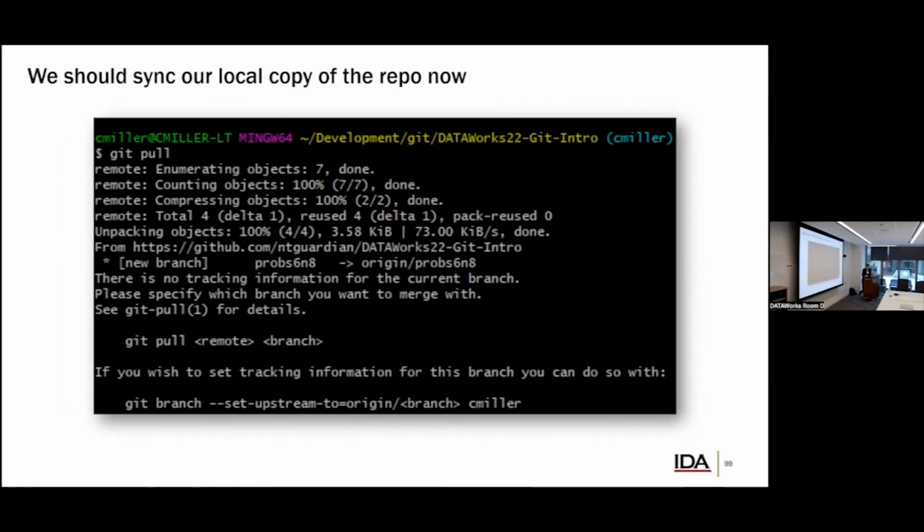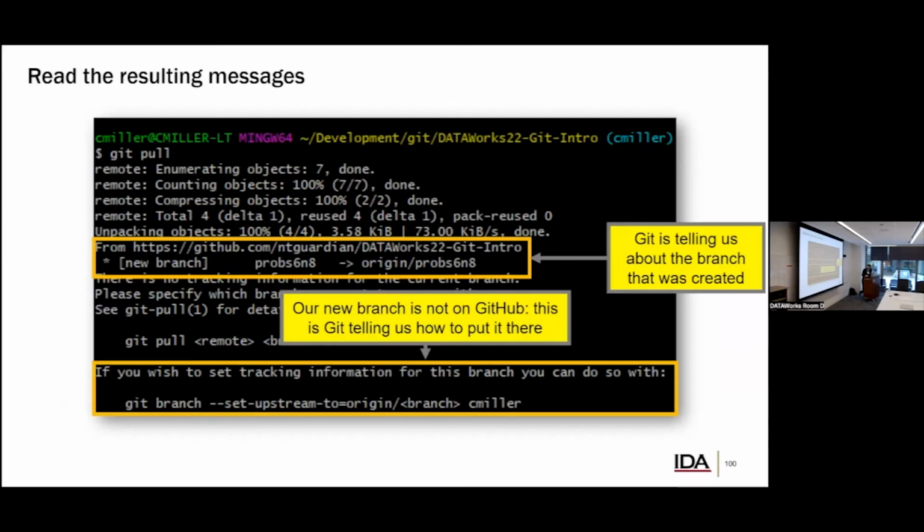So then we go back to the work that we're doing, and we do a git pull at one point, try to get some changes. And a couple things happen. First off, when we do the pull, we're made aware of the existence of a new branch. So that's good to know. And also, Git tells us that the branch that we're working on, the C. Miller branch, it's not on GitHub. GitHub isn't aware of it.